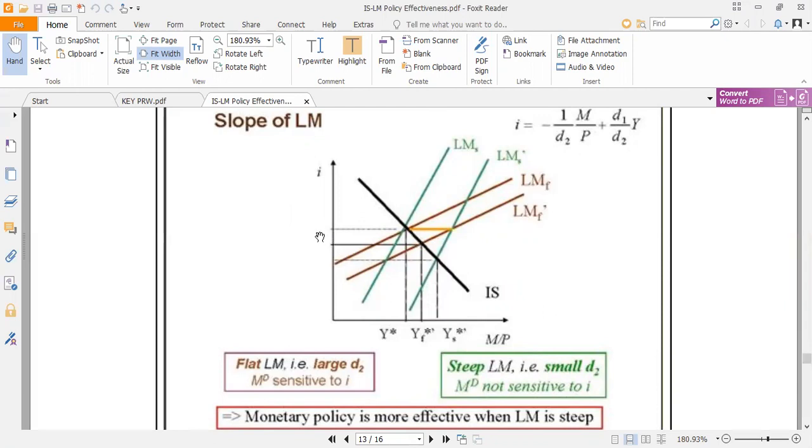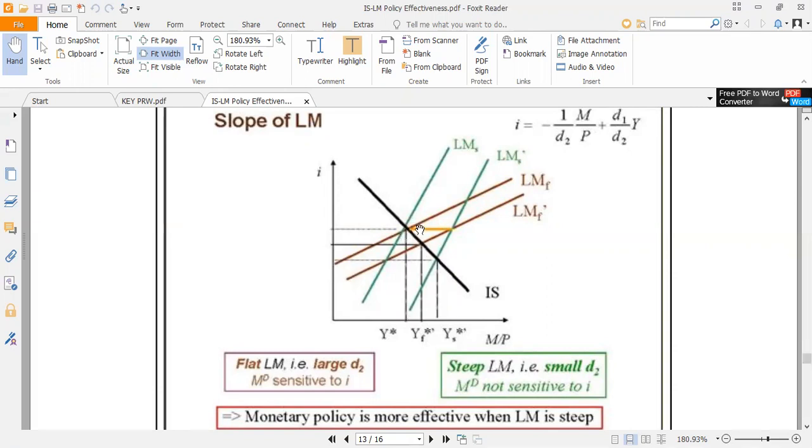If you look at the interest rate axis, you can see that on the steeper LM curve, after the increase in money supply, the fall in interest rate was larger than that of the flatter LM. So the larger fall in interest rate is causing a larger increase in income, resulting from the larger increase in investment.